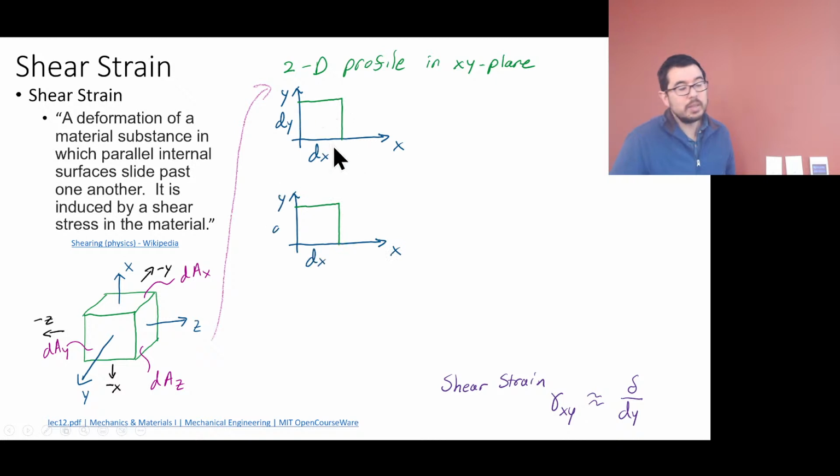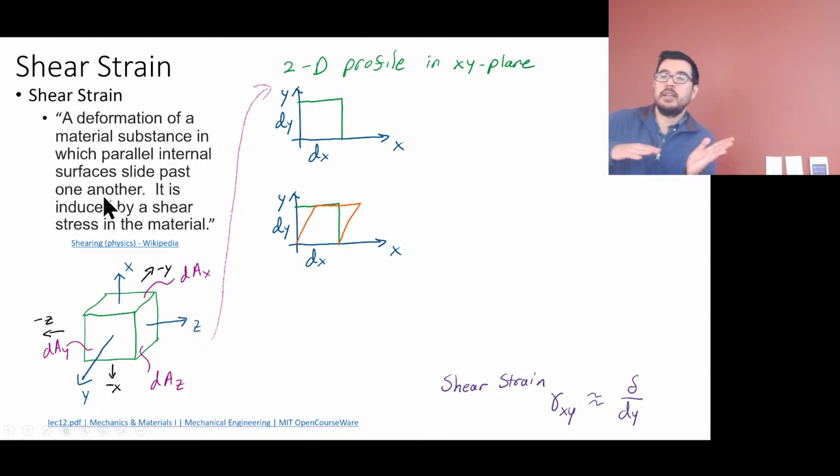This is exactly what we did for the normal strain. But shear strain is going to do something kind of wacky. Shear strain is going to cause a shift in parallel surfaces. Shear strain is a deformation of a material substance in which parallel internal surfaces slide past one another.